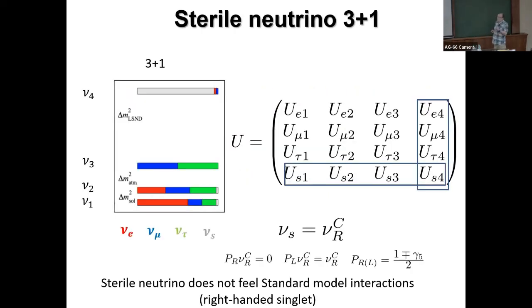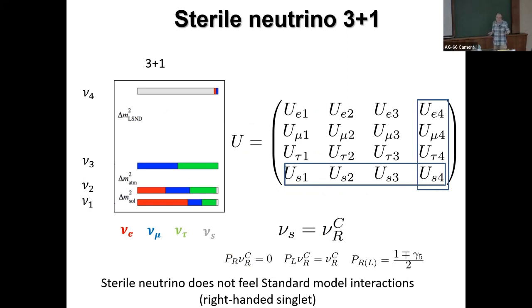Well, what is a sterile neutrino? It's a neutrino which does not interact with any boson, W or Z, that is, it does not suffer Standard Model interactions. This is the definition of a sterile neutrino. It's a right-handed singlet.